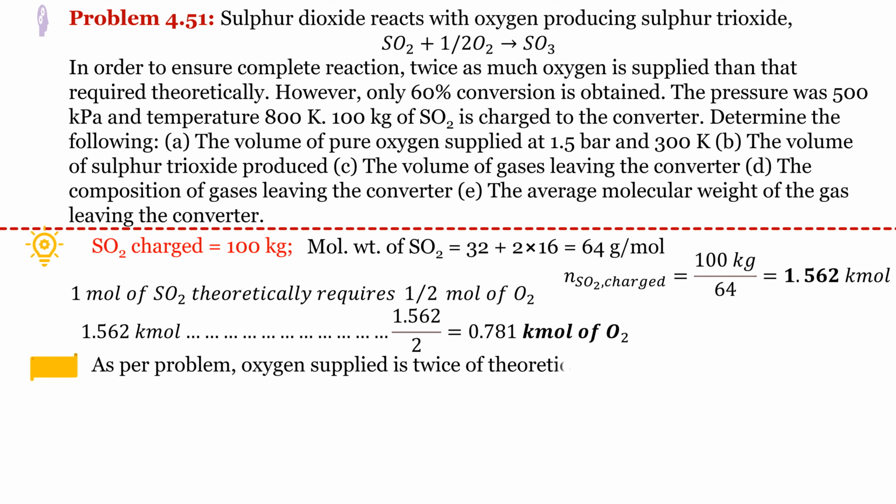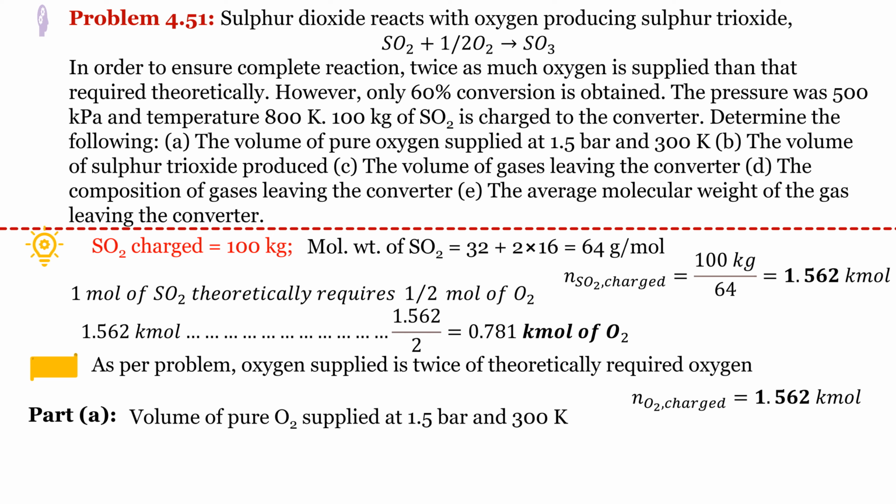But as per problem, it is given that oxygen supplied is twice of theoretically required oxygen. So again we have to multiply this 0.781 with 2. So again it will become equal to 1.562. So moles of oxygen charged will become equal to 1.562 kilomole.